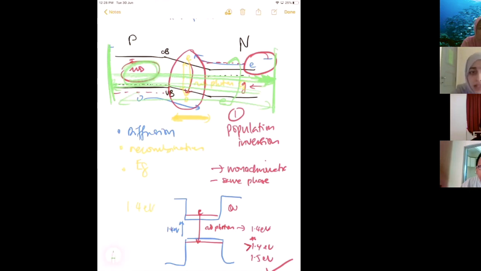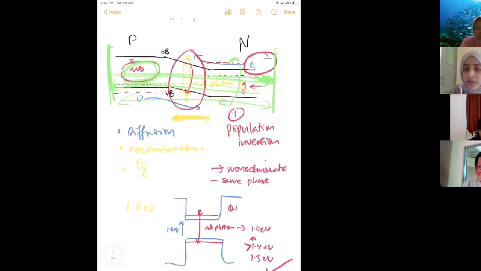Ma'am, does that mean we can use these degenerate semiconductors because they will also have Fermi levels inside? Can you ask the question again? You said that we need to have Fermi levels in the p side inside the valence band and on the n side inside the conduction band.